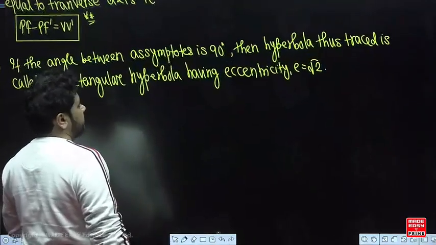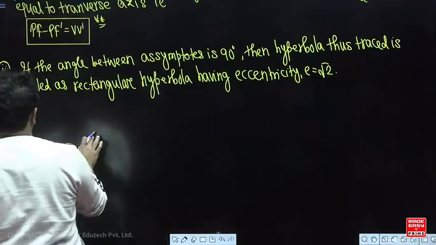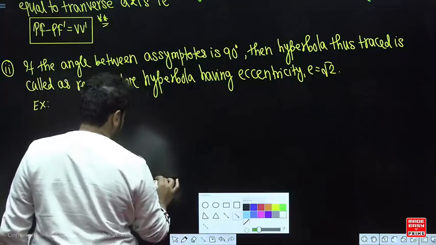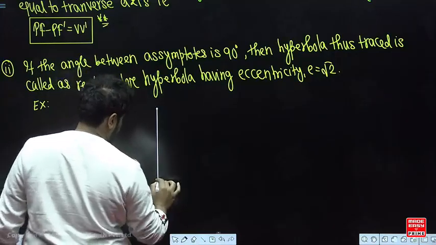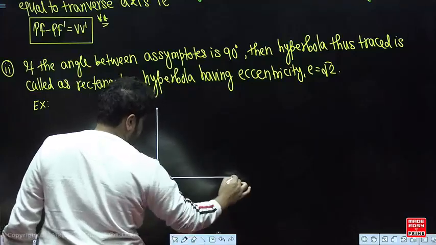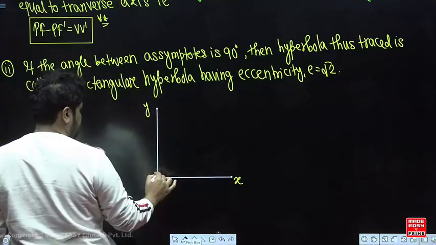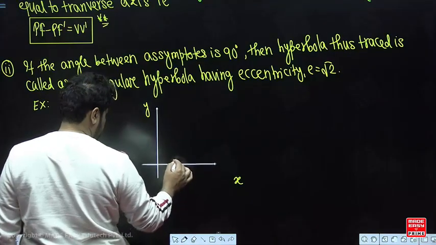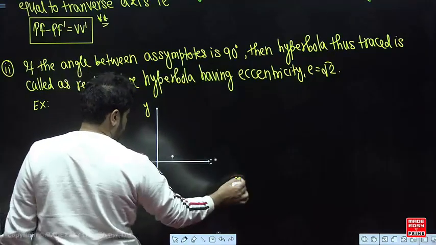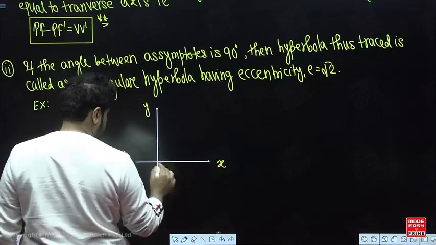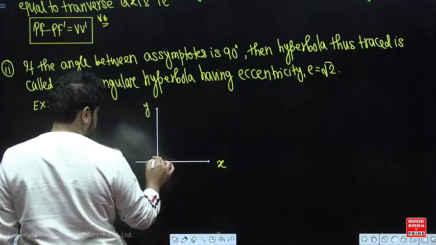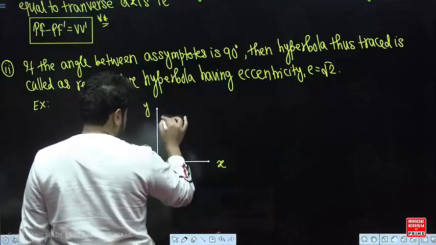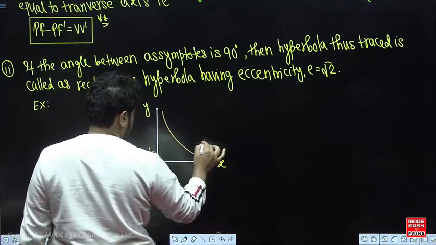So, if the angle between the asymptotes, for example, this is x and this is y, how much angle is it making? You can see that it is making 90 degree. So, the curve that will be traced here is called a rectangular hyperbola.